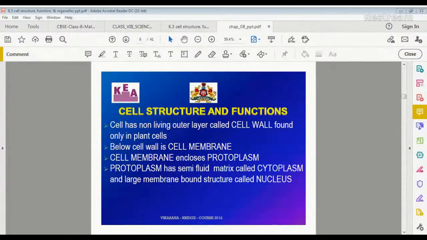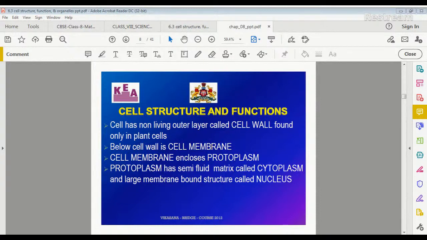What I was talking about was that the cell membrane encloses protoplasm. Right. And the protoplasm has a semi-fluid matrix called cytoplasm. And the cytoplasm and the nucleus are enclosed within the cell membrane, which is also known as the plasma membrane, and the membrane separates cells from one another and also the cell from the surrounding medium.